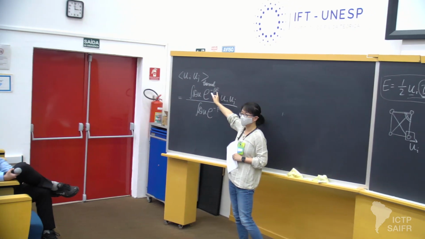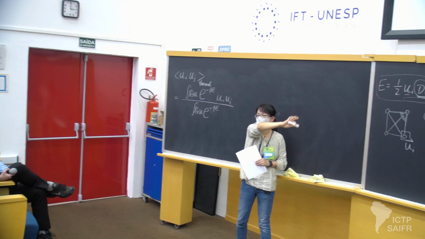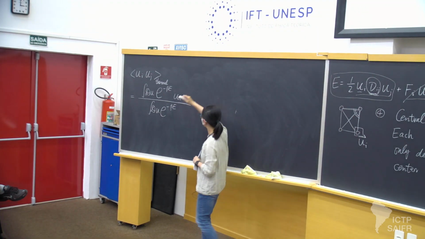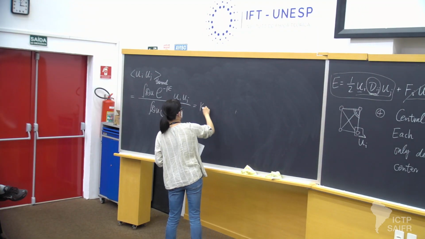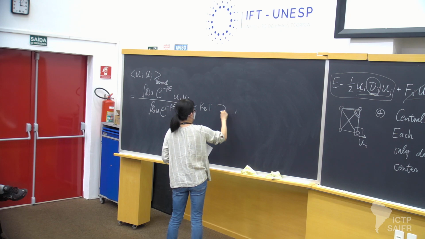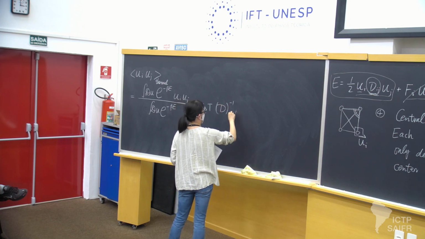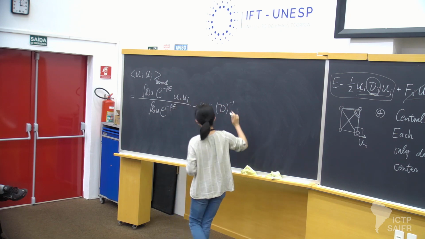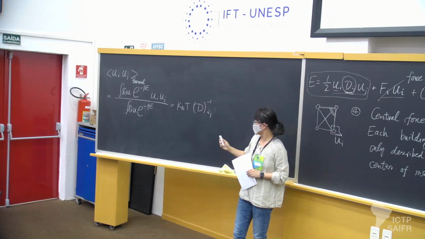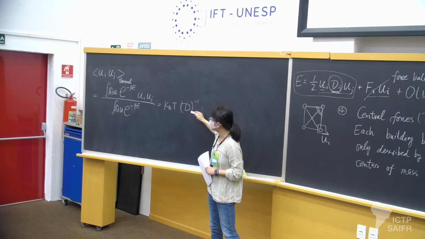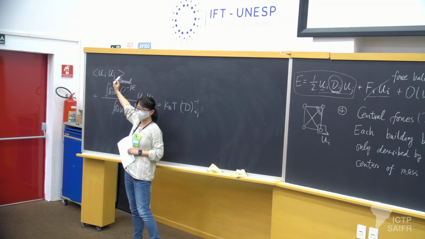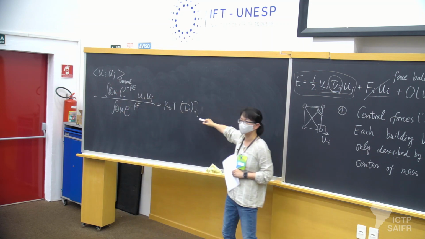And because this is a Gaussian integral, if we keep to only harmonic order, this would just become... And then this offers you a way that by measuring such correlations, you will learn about the interactions, right?